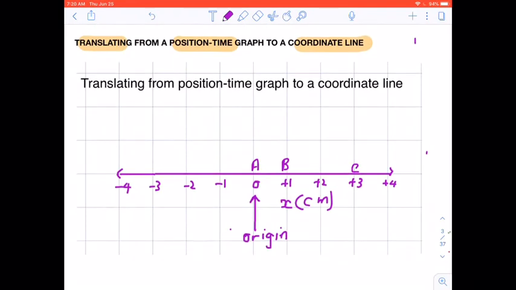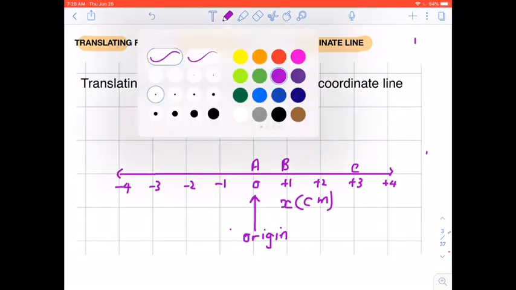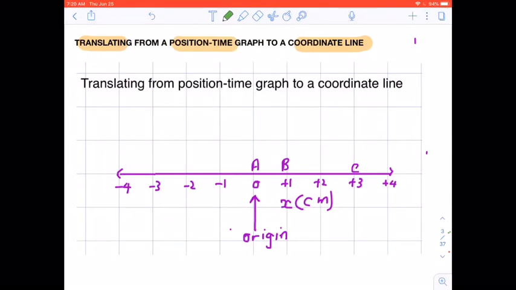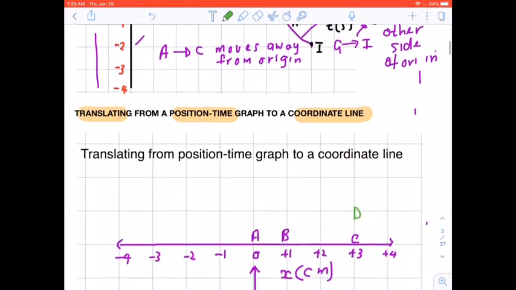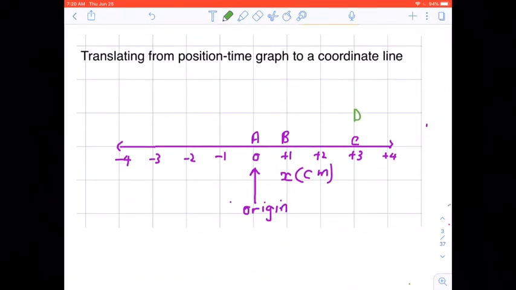So we have D there, and then we have E, and then we have F, and then we have G.